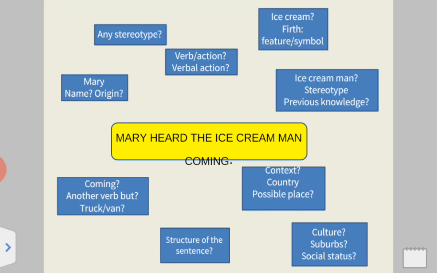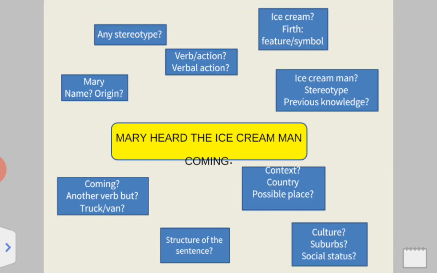And we can start thinking about what that truck looks like, right? And some other ideas that we may involve in this part. Then we move to the context, right? What country is it? We already mentioned that. What would be a possible place for this situation to occur?